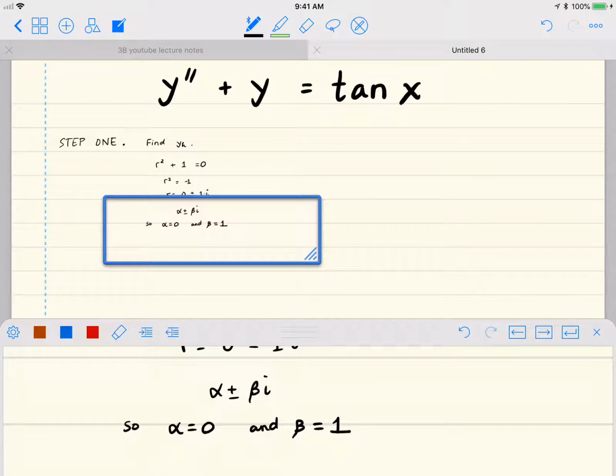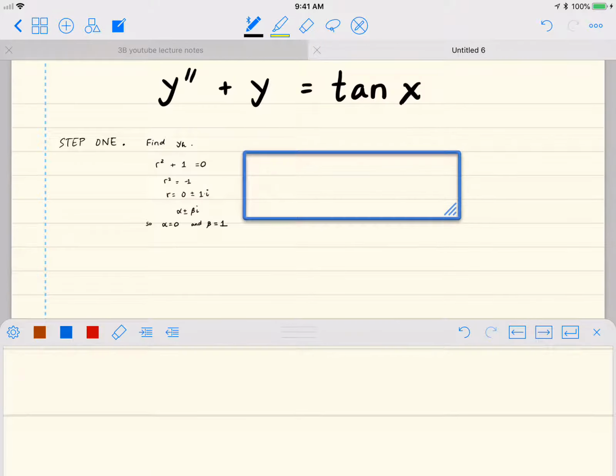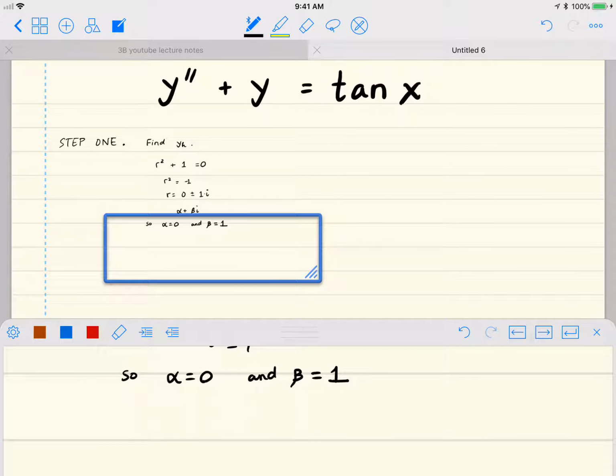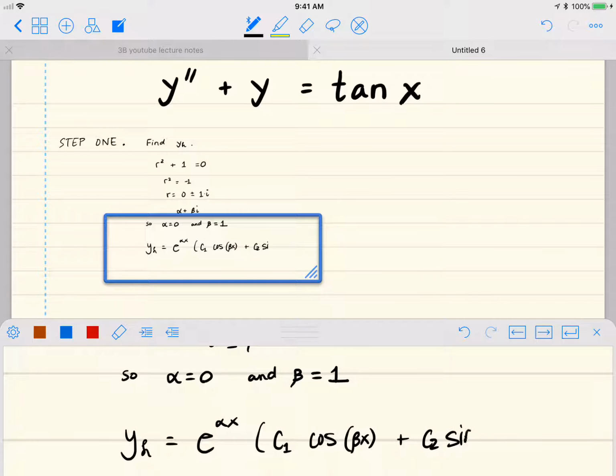So now we know our alpha and our beta, because our yh is equal to e to the alpha x times C1 cosine beta x plus C2 sine beta x.